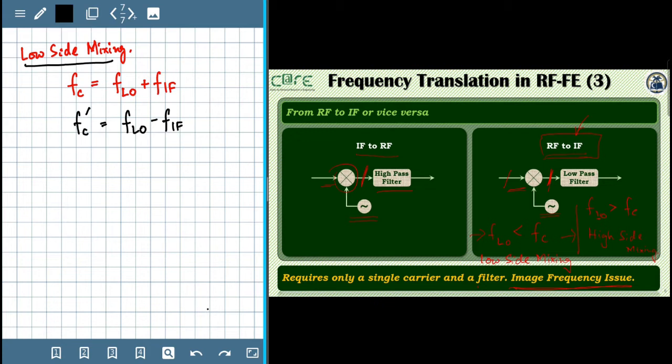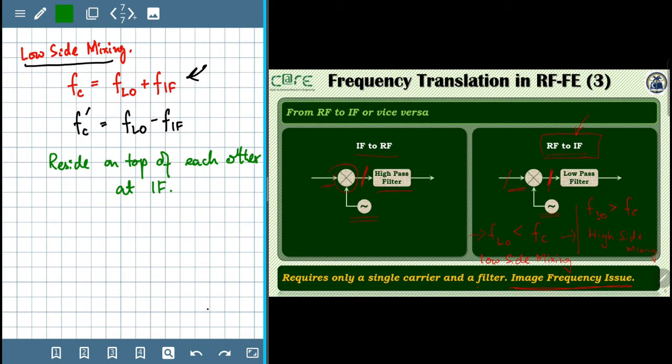Once you're pursuing the low side mixing and converting your desired carrier signal at FLO plus FIF to the FIF, there is another signal FC dash, which is FLO minus FIF, that also gets converted to the same intermediate frequency, and then the two signals reside on top of each other at IF.